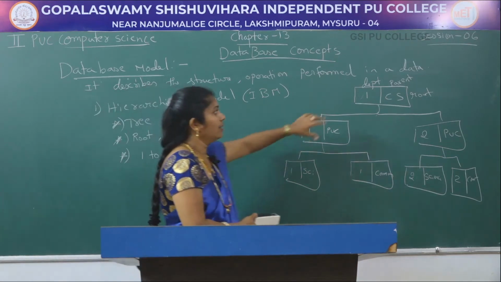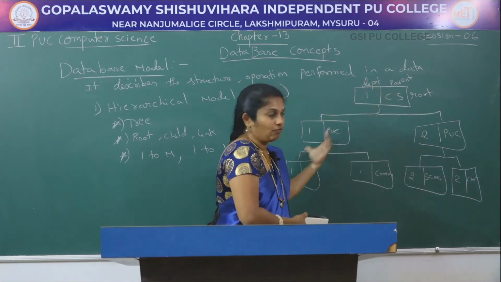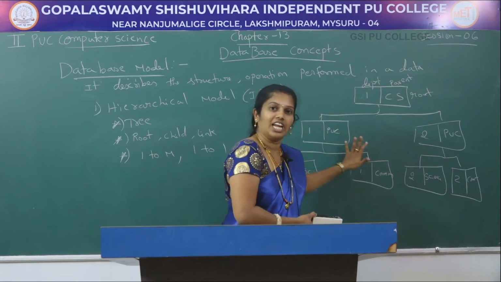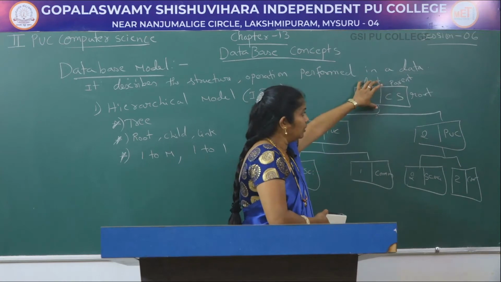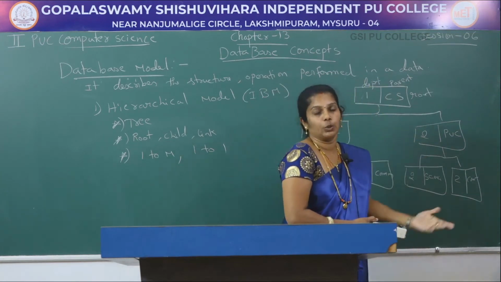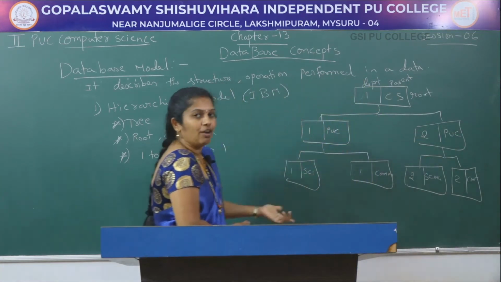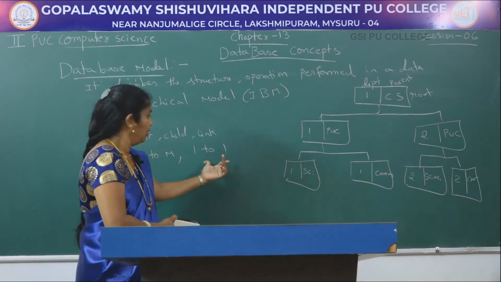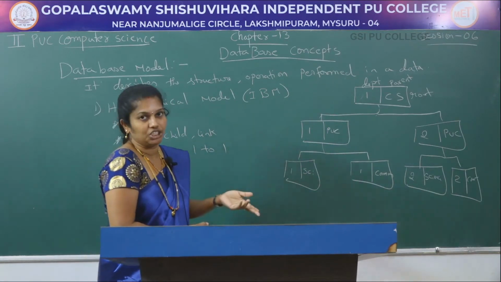For example, there can be only one root node and only one child node, or one root with multiple children. It means that it may follow one-to-one or one-to-many relations.